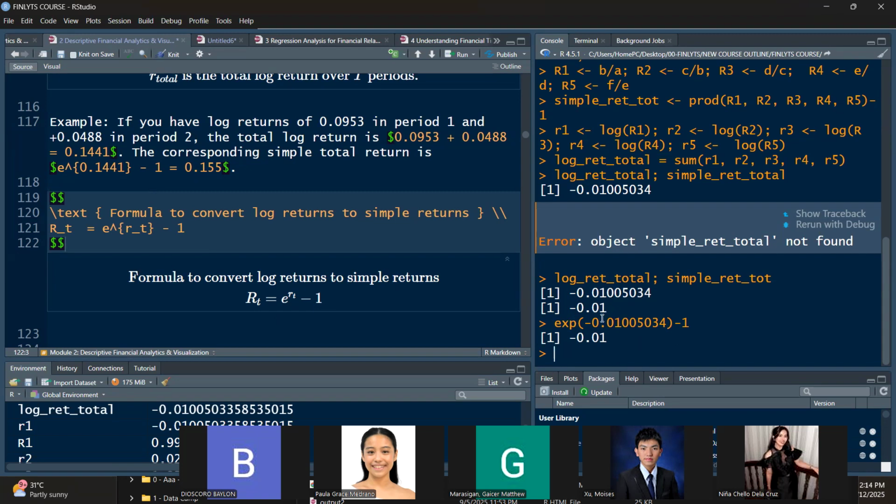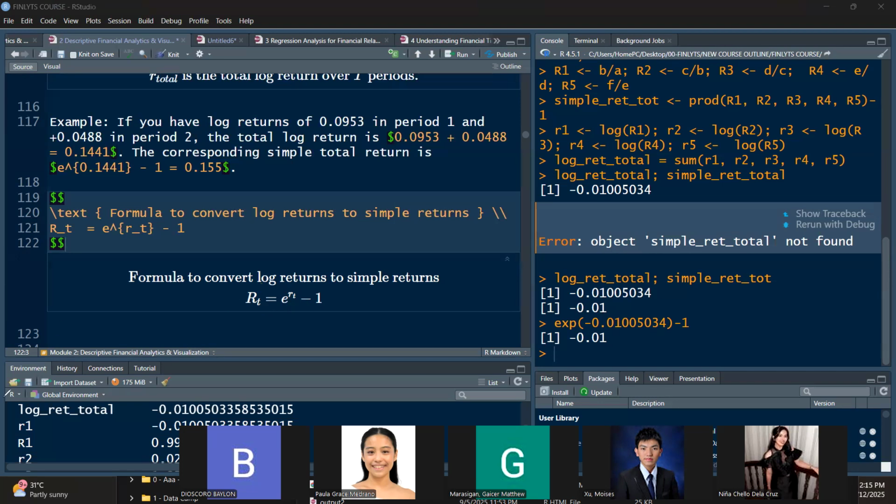You get this. You can convert your exponential return to a simple return, and vice versa, class. So given the r sub t, how can you compute for r sub t, the exponential?